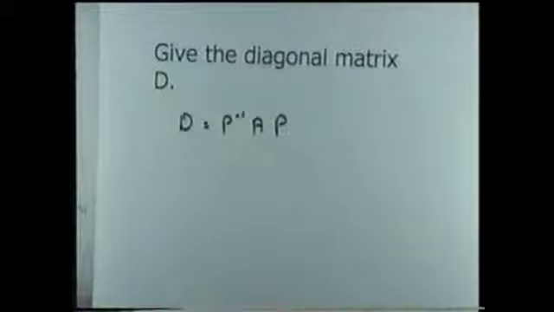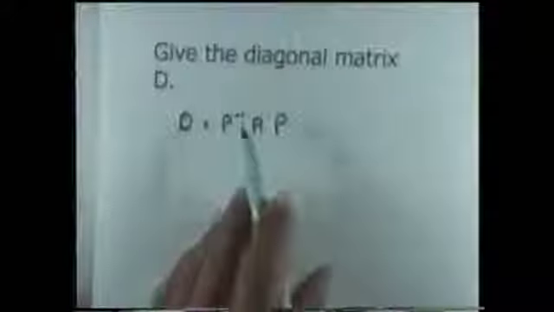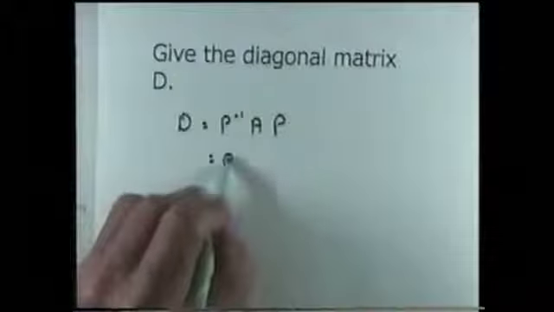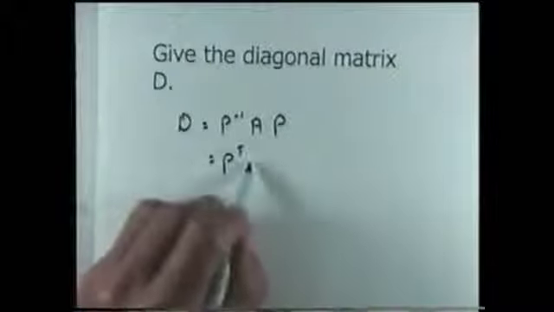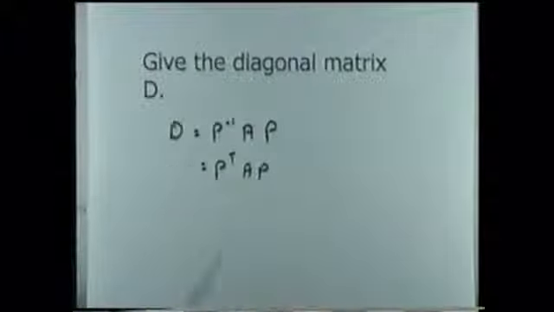Even though I did a lot of work by hand through there to kind of review you, I'm not interested in doing the inverse by hand. Of course, I don't have to. This would also be P transpose AP. But I'm not even interested in doing all that multiplication with the square roots. I could do it, it wouldn't be that big a deal, but we're about out of time. So I did call in Derive to do this one.